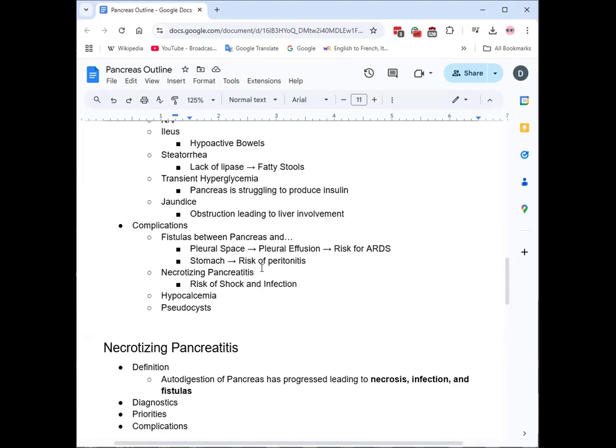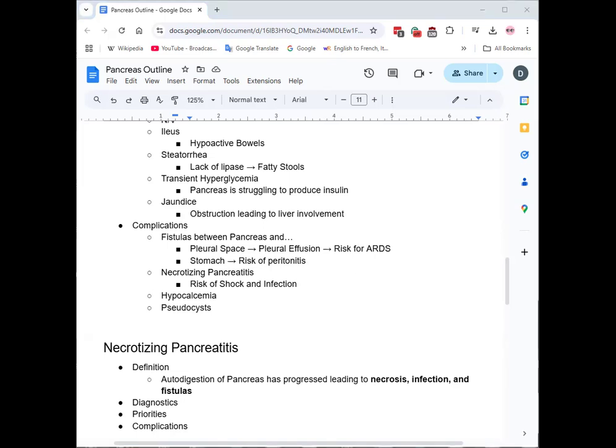A way to think about the Cullen and Grey Turner signs: Cullen starts with a C, and you can wrap that C around your belly button. The Grey Turner sign is in the flanks, so you have to turn them to see it. That's a way to remember it. So for Grey Turner, you turn them because it's in the flanks, and for Cullen sign, you have that C around your belly button.